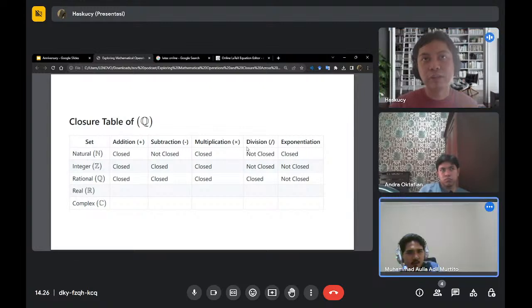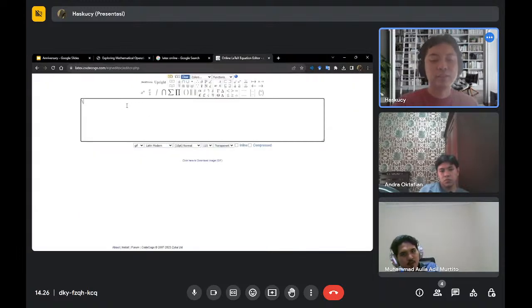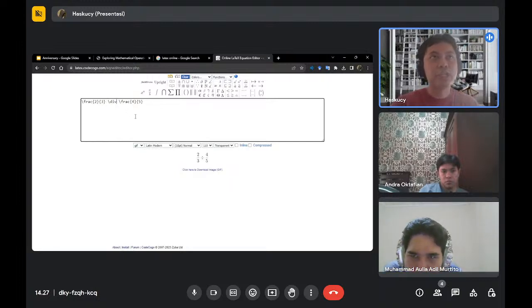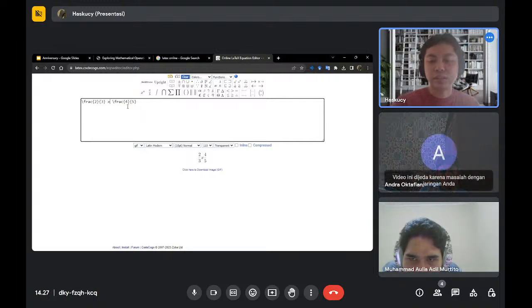If you use division of rational numbers, you basically just flip the number. For example, if you have 2/3 divided by 4/5, you can just flip the numerator and the denominator.